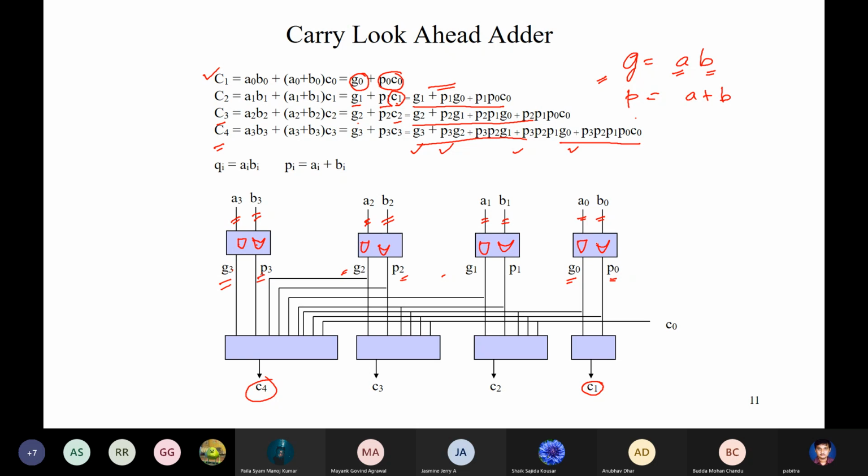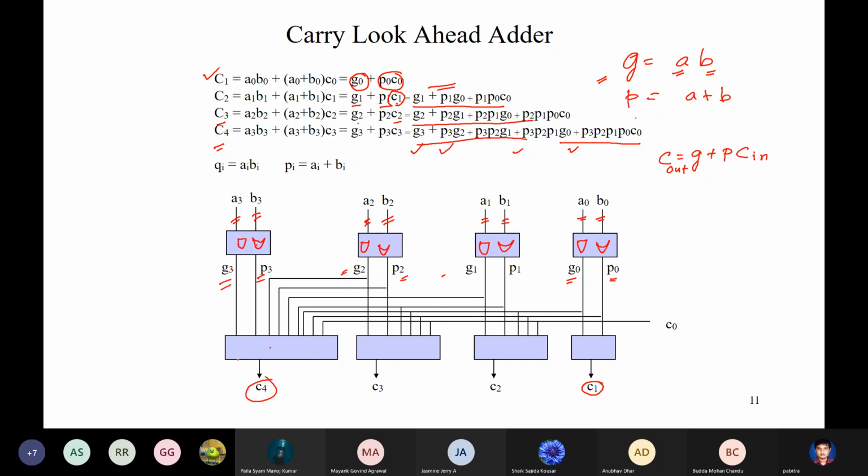And what's the circuit here, computing C from G and P? So C is G plus P times C in.